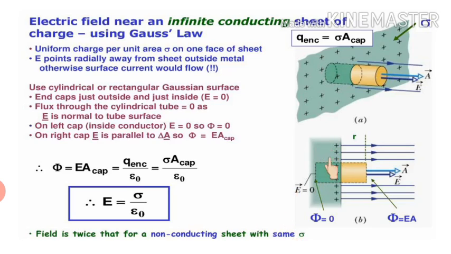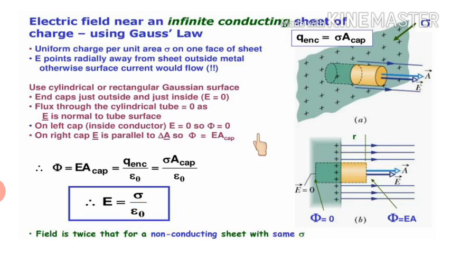Suppose this sheet is non-conducting, or insulating. Then the charge will not all come on the surface, the charge will be everywhere. And if the charge is everywhere, the electric field will not be 0, there will be flux. So this electric field will become what? Half, so for that particular case, E will be equal to sigma upon 2 epsilon naught.